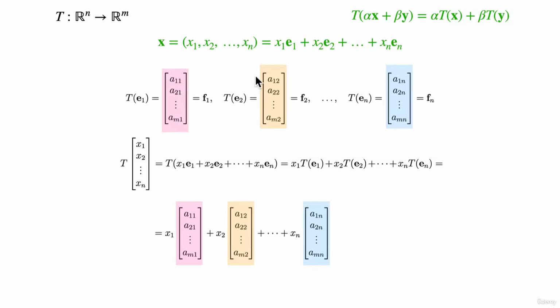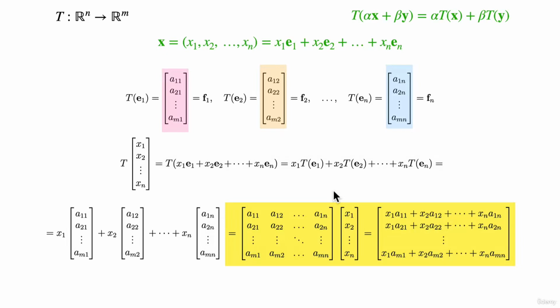And I wrote them as columns at once, because I told you that I'm kind of hinting at some matrix in the future, and the future is now, because we know that if we take any vector from Rn, then we will get the value of the transformation on this vector as this linear combination of the values on the unit vectors. And I will define the matrix vector multiplication in exactly this way.